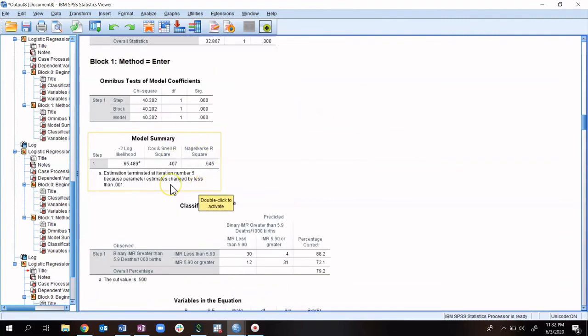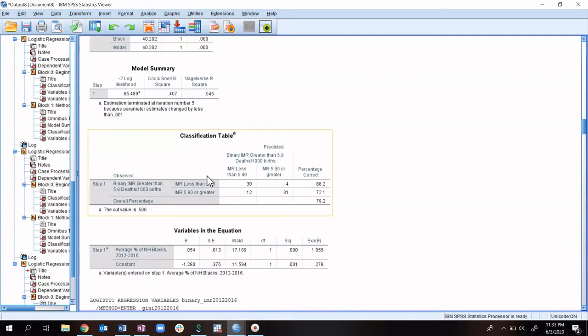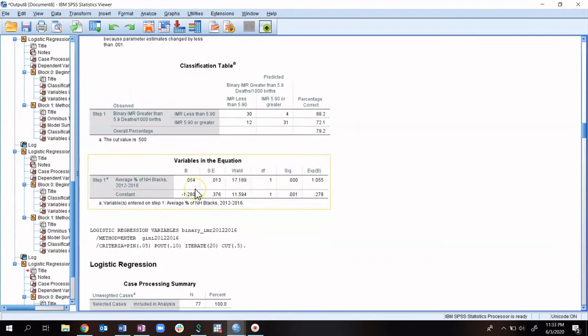In terms of a percent of variation in the odds of a community having an IMR greater than 5.90 deaths per thousand births, Albuquerque was slightly higher, suggesting that about 54.5% of the odds of a community area having more than 5.9 deaths per thousand births is explained by the average percent of non-Hispanic blacks in that community area. Okay, we've got our classification table, and then we have our variables in the equation.